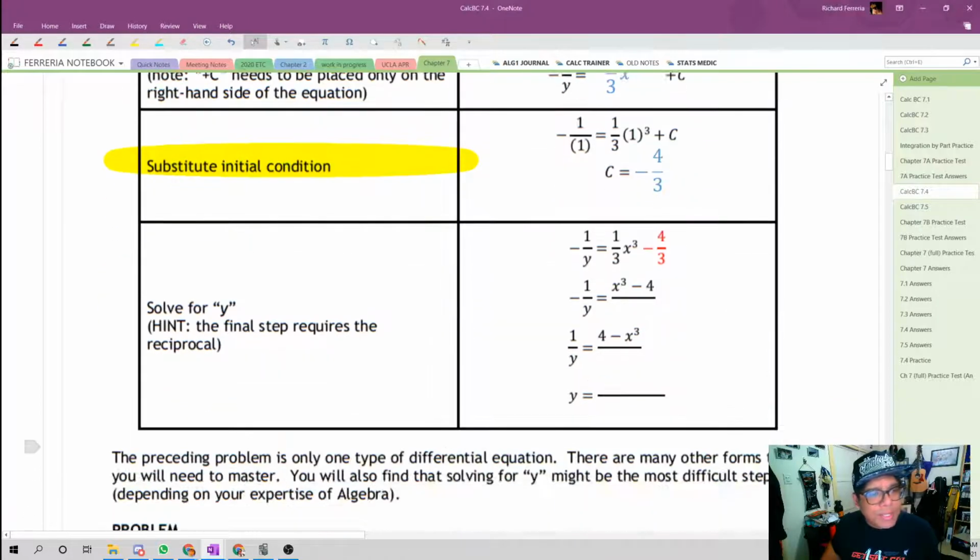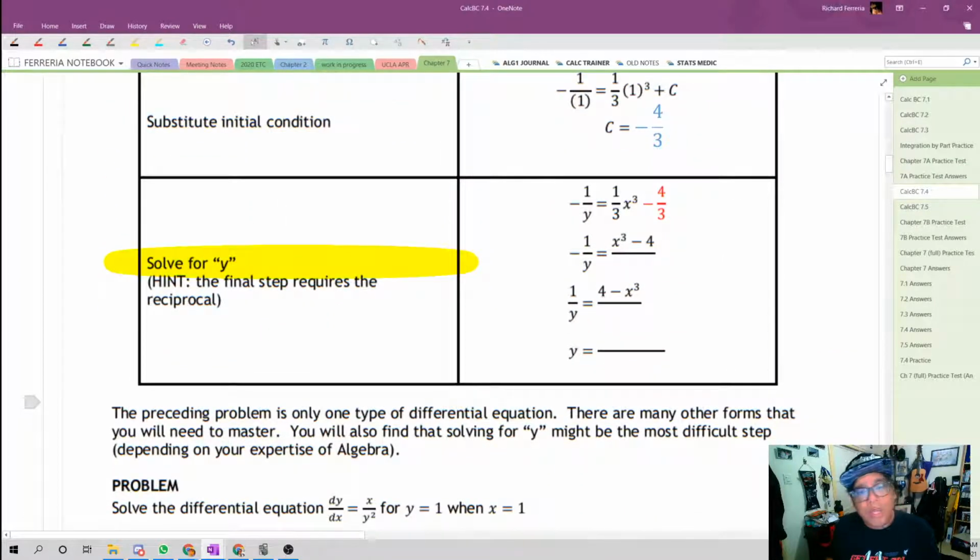Now as a last step, we're going to have to solve for y. This is necessary because we are being asked to solve an initial value problem, and so if our answer is not in the form of y equals an equation, we didn't really do it. So here's what we're going to do.